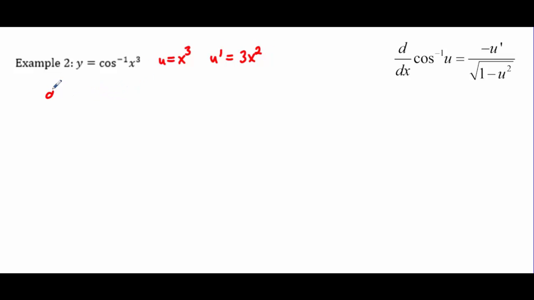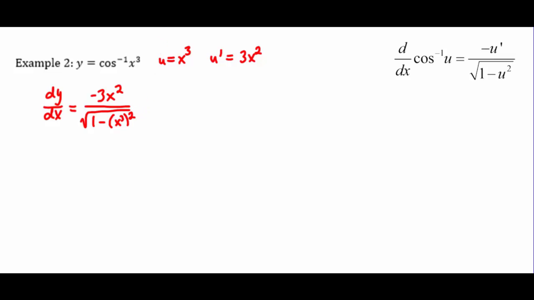So my derivative, dy over dx, equals, I put negative u prime on top, so negative 3x squared is on top, and on bottom I'm going to put the square root of 1 minus u squared.